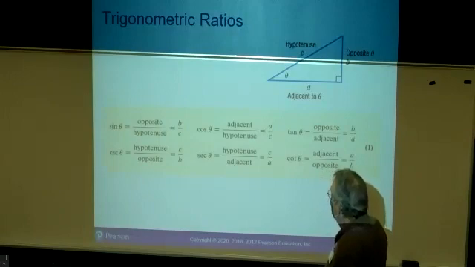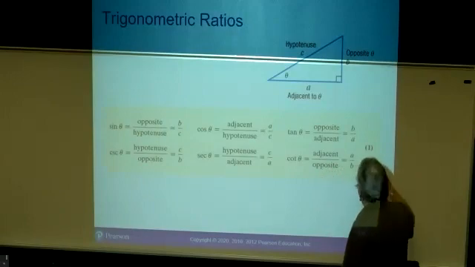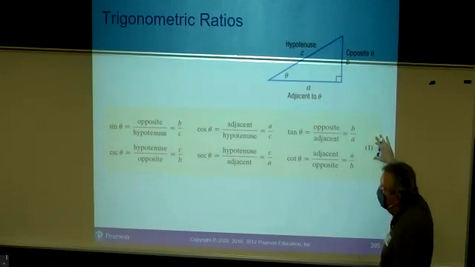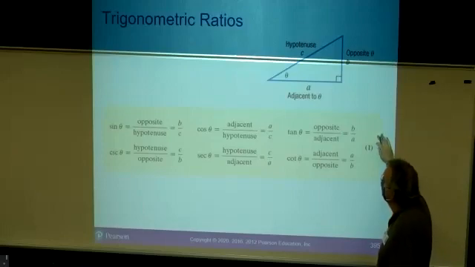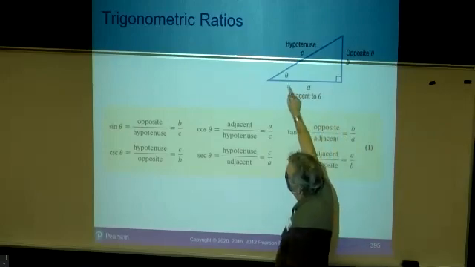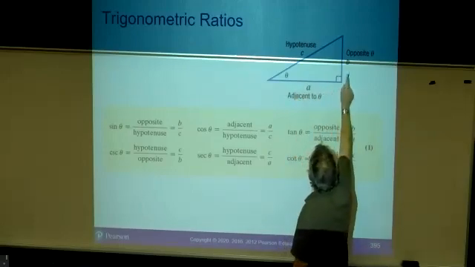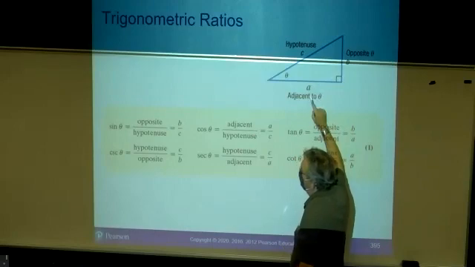Okay, the trig ratios, these shouldn't be new. If you have a right triangle, these are the definitions of sine, cosine, tangent, cosecant, secant, and cotangent. Where cosecant, secant, and cotangent are the reciprocals of sine, cosine, and tangent. So you designate what angle you're working with, and then the opposite side over the adjacent side.